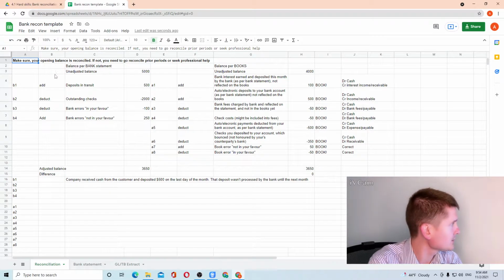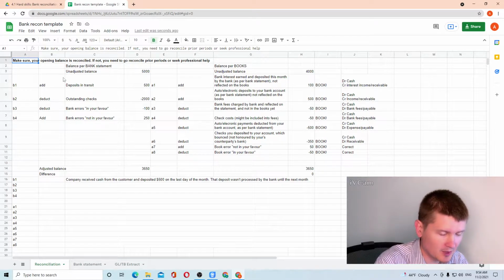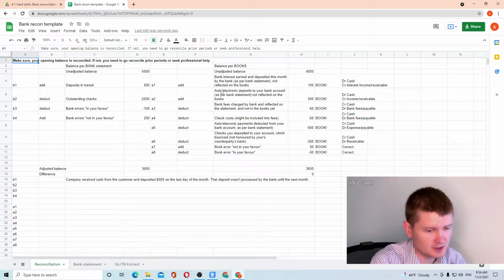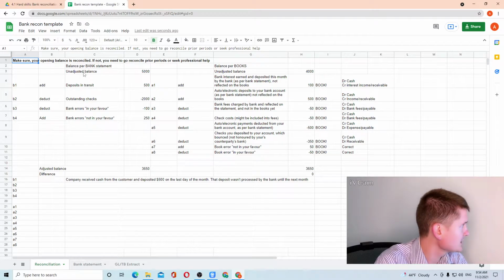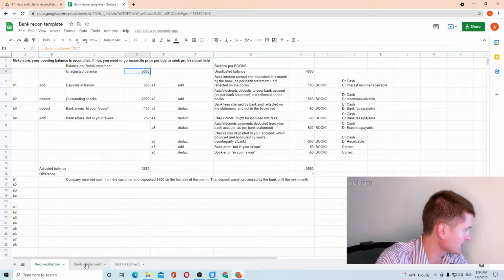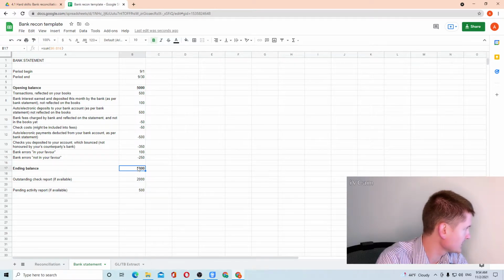Okay, so that's a standard template for bank reconciliation. It can be presented a bit differently, and let's start with the bank. We have some unadjusted balance which we took directly from the bank statement, the ending balance.